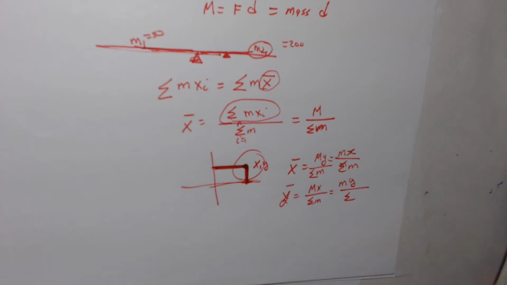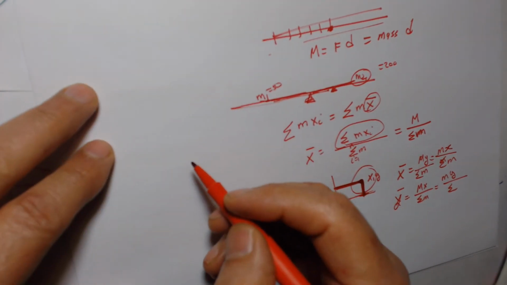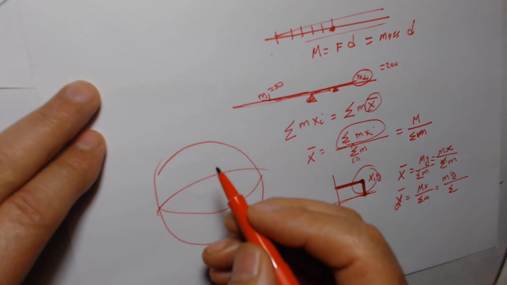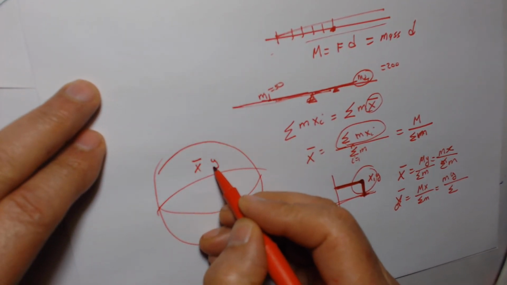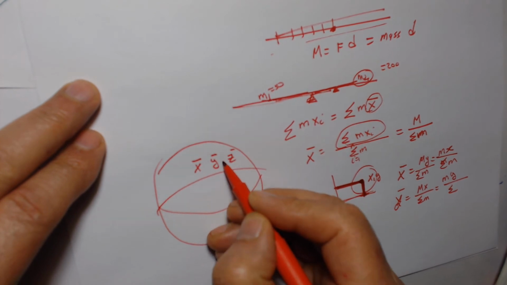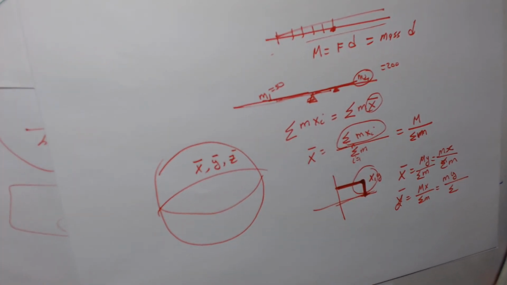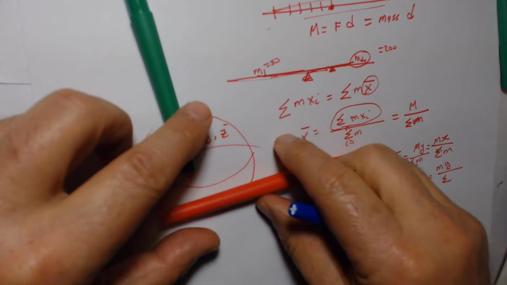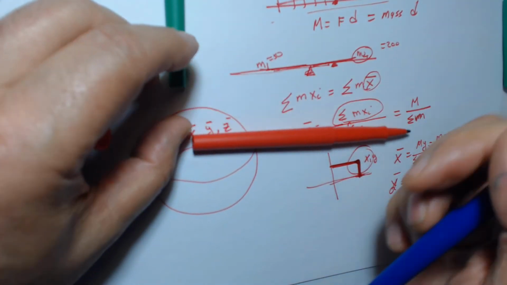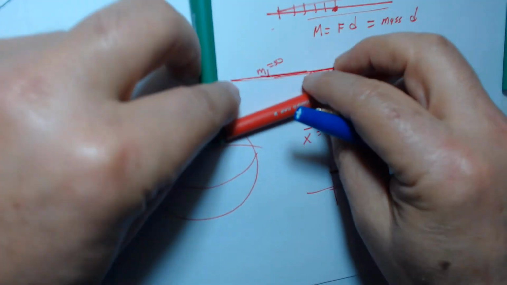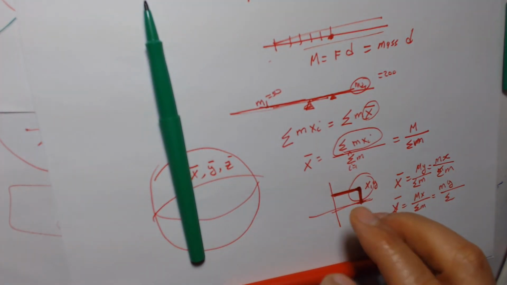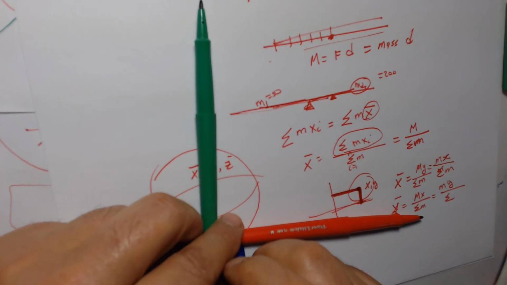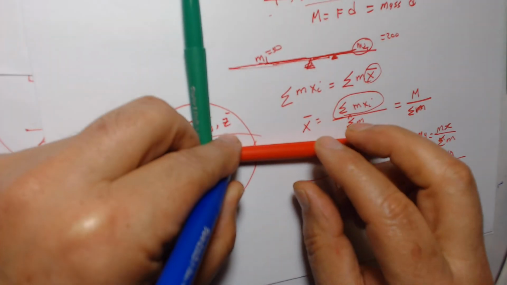But somebody said, no, I have a solid, and in here I need x bar, I need y bar, and I need a z bar. Please pay attention. When you have x, y, and z axes, and somebody asks, what is your x? You're going to say, this is your x axis, coming out of the board.